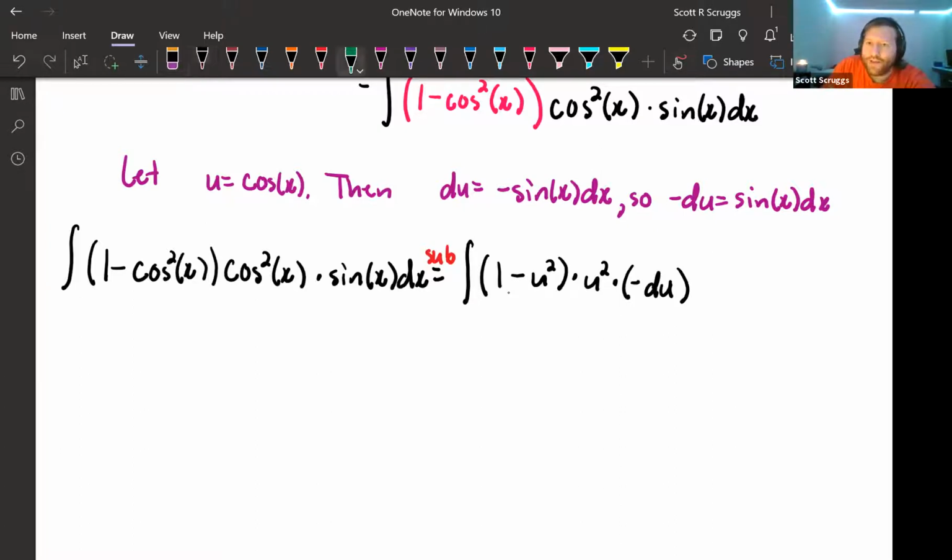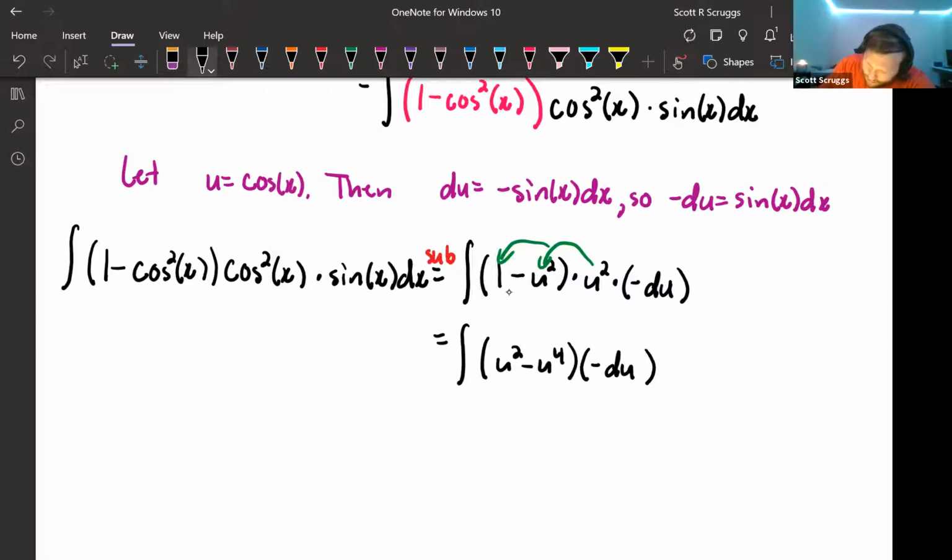And now I finish up. Distribute that u squared to give me u squared minus u fourth times negative du. Distribute again that negative sign to what I currently have. That'll just change the order to now u fourth minus u squared.